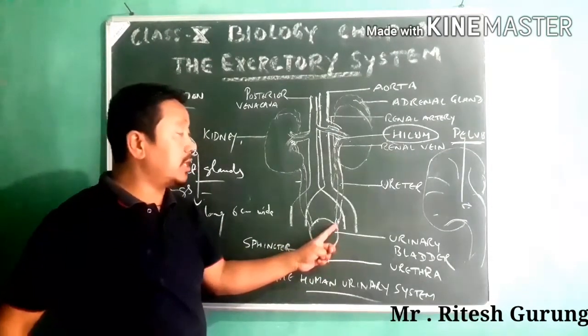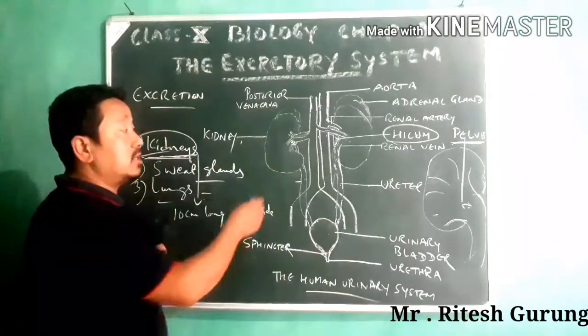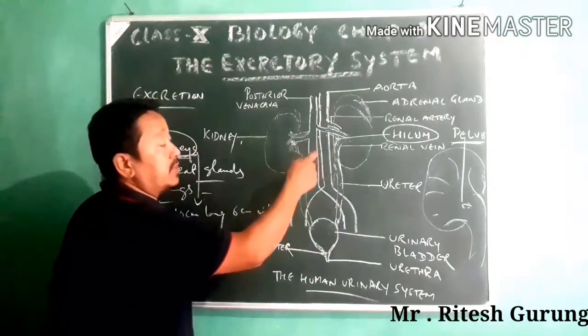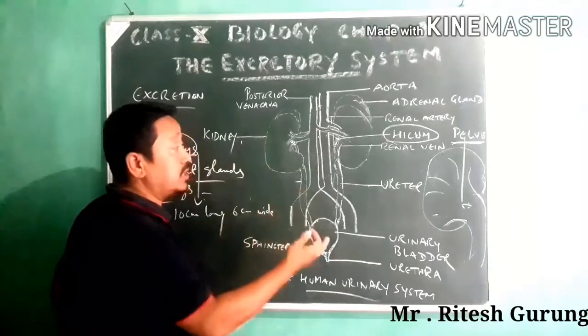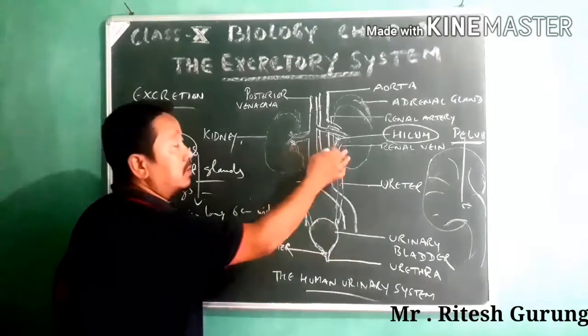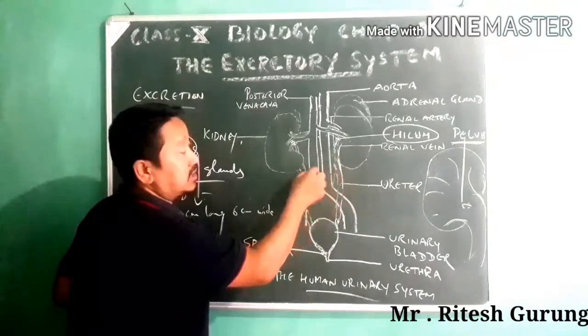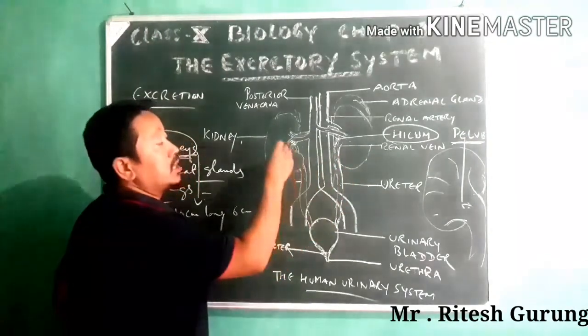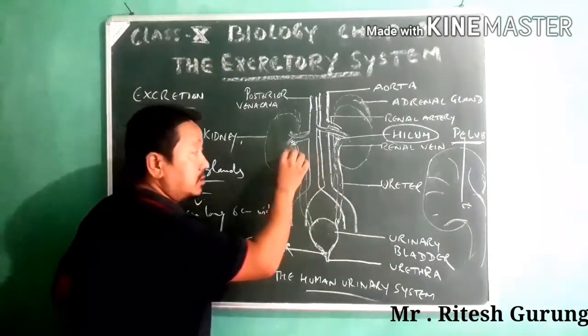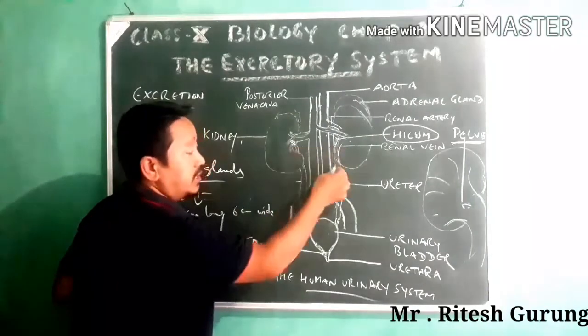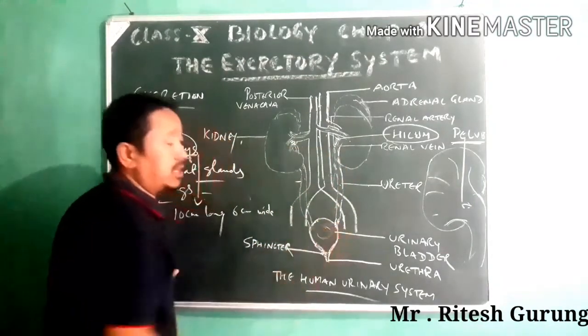It carries urine after it is pumped out of the kidney. So these ureters are the ones which carry the urine into the urinary bladder.